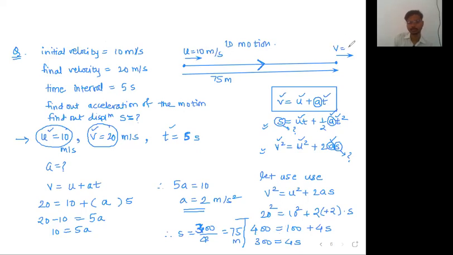Final velocity 20 meter per second. Acceleration during the motion is 2 meter per second square, and displacement for the motion is 75 meter. So in this way we have found all the parameters of this motion. Okay, now let us consider one more example and let us try to solve that.